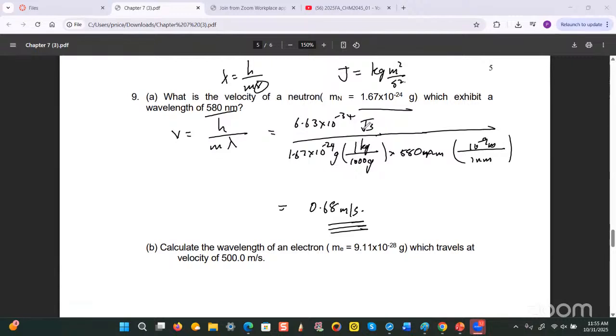So if I replace J here with kilograms meter squared over second squared times s, you're going to see how the units cancel out: the kilograms cancel out here and here, the grams cancel out here and here, nanometers cancel out here and here, and this meter cancels out one of the meters here. So your final units will be meters per second.